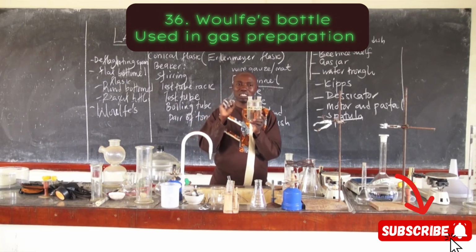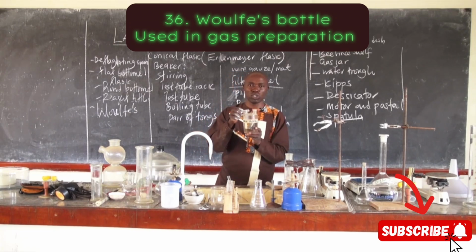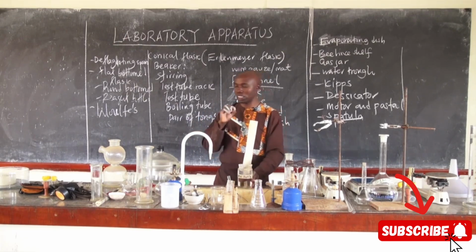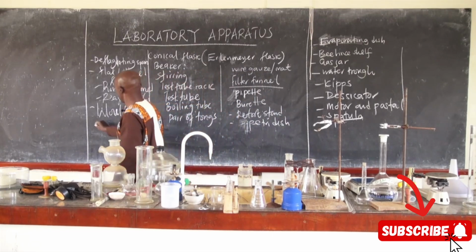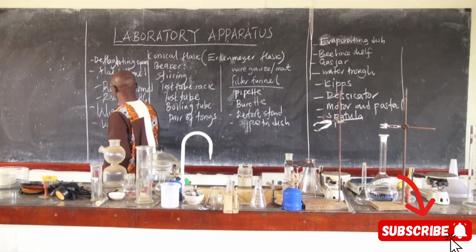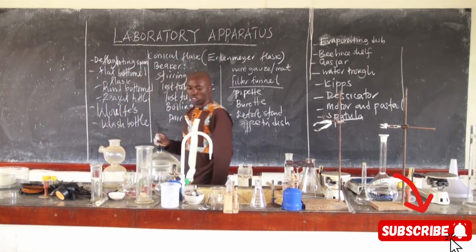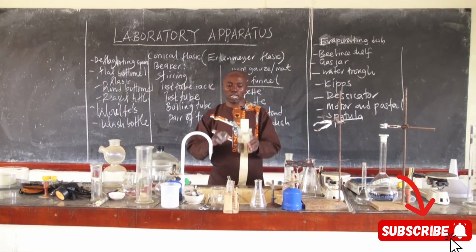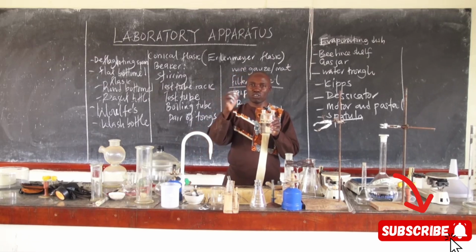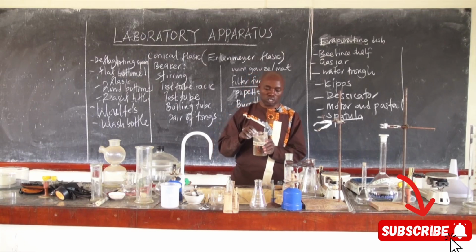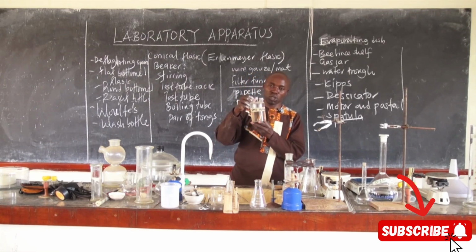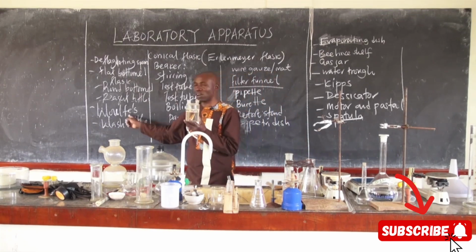But a wash bottle basically is a small bottle which is used in rinsing or cleaning apparatus. So a wash bottle is different from Wolfer's bottle. A wash bottle has just one outlet, and we normally use it for rinsing or cleaning other apparatus. This is called the Wolfer's bottle. The spelling is here, Wolfer's bottle.